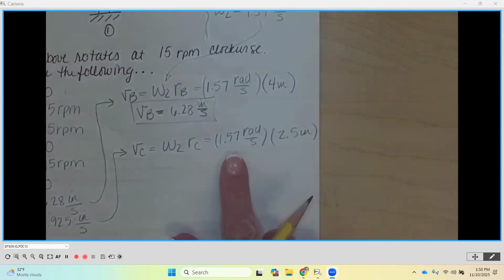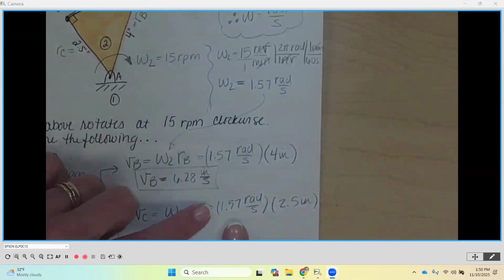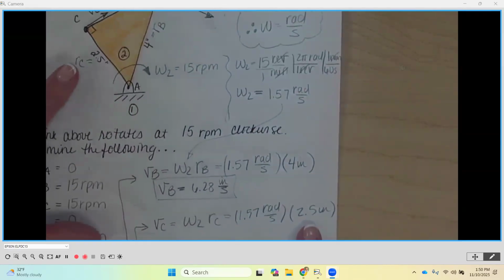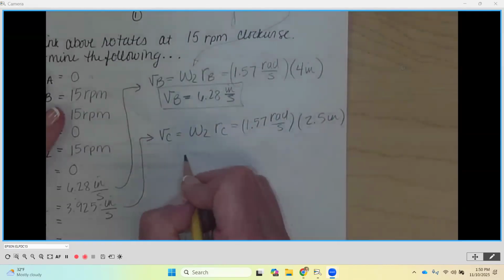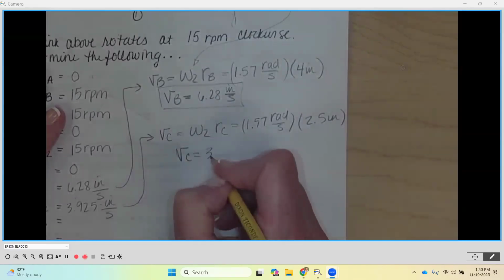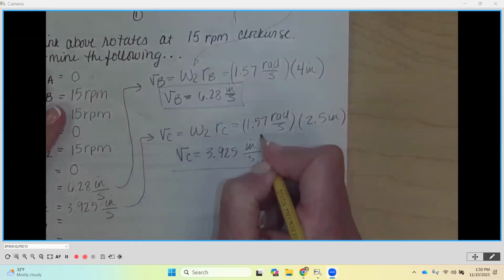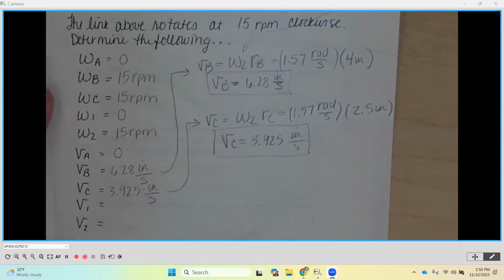So we're going to take that W, the radians per second, the 1.57 radians per second. Don't put 15 RPMs in there. And then it's going to be multiplied by the 2.5 radius. So velocity at C, does that come out to be 3.925? Yeah, looks like it would. That's going to be inches per second. The radians magically disappear.